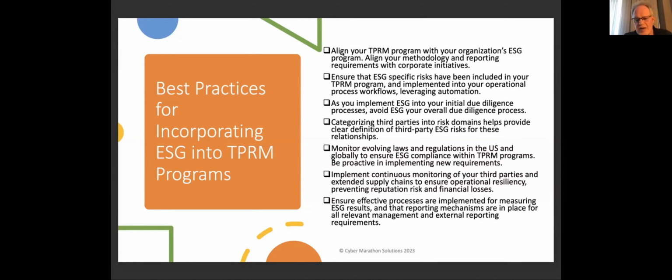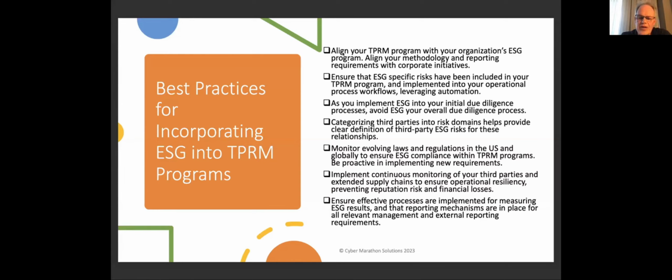And it's about not just your company, it's really about those third parties and those fourth parties. Where are they located? And if they're providing a critical service to your company, is there a risk of disruption? Make sure that in your initial due diligence, you're focused on ESG so you don't end up onboarding companies that have ESG problems.